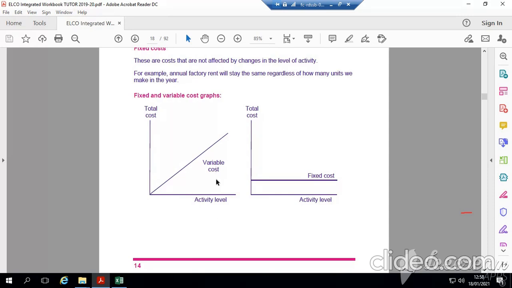So obviously the variable cost is directly associated with the activity levels. However, fixed cost does not relate to the activity levels. No matter what your activity level is going to be, the fixed cost is going to be straight. Okay, it's going to be straight.